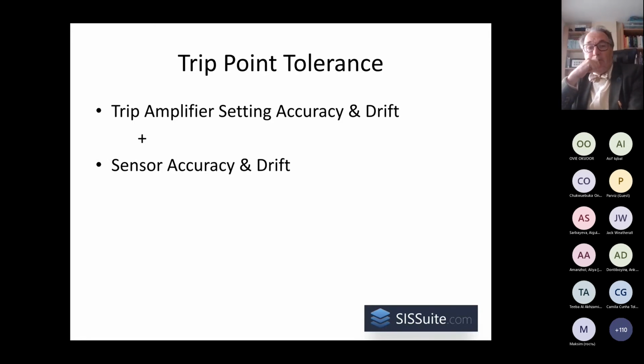And certainly that's true of the sensor as well, of course. The pressure transmitter, the temperature transmitter, or the switches, they will have an inherent uncertainty and accuracy specification, and also be susceptible to a degree of drift. So again, we need to consider these in our response time specification.